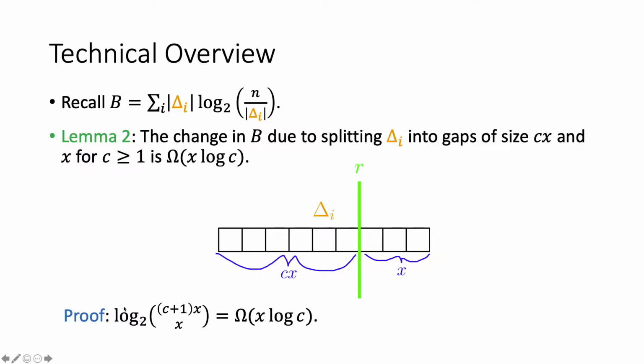Therefore, in the worst case, we can force our selection to have to take log base 2 of the total number of possibilities. Do some basic asymptotics to get that this is omega of x log C. And this is how we actually get the bound B for multiple selection. This is the lower bound for multiple selection. You could just do repeated single selections like this to get this total bound. So we can see that's how lemma 2 is x log C.